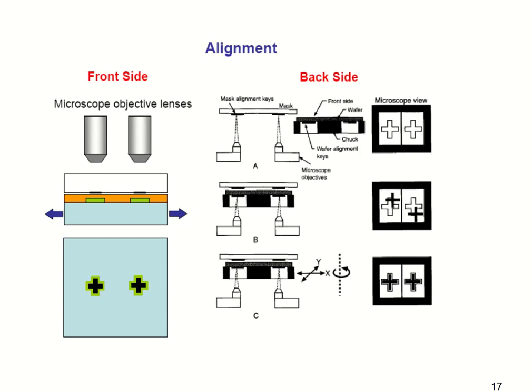To do that, you still need good alignment. So for the backside, that particular mask aligner provides a camera. This camera looks into the microscope objective and provides the image to the microscope view, and then you can do backside alignment through the backside microscope objective. That's very interesting, right? So that's what makes backside alignment possible.